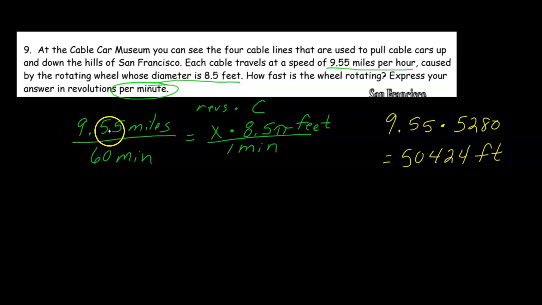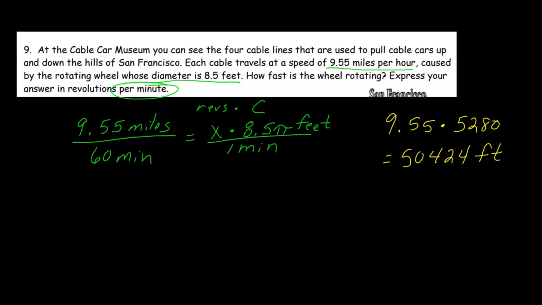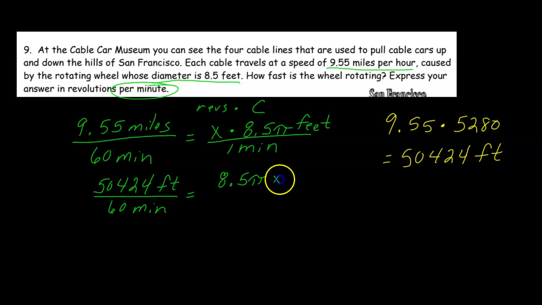So you're just going to replace this 9.55 miles with the number of feet in a mile. So this is feet over 60 minutes equals, so this is going to be 8.5 pi x feet over 1 minute.